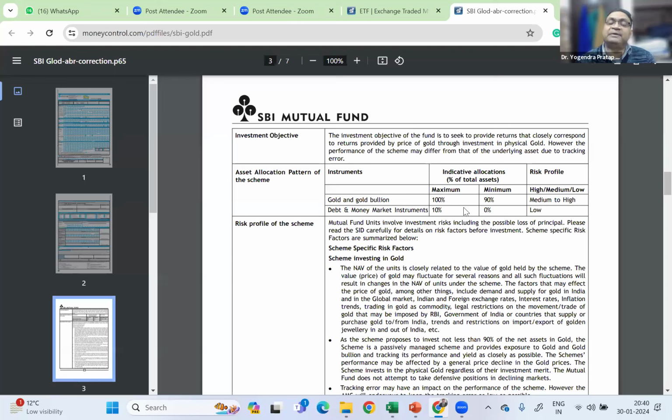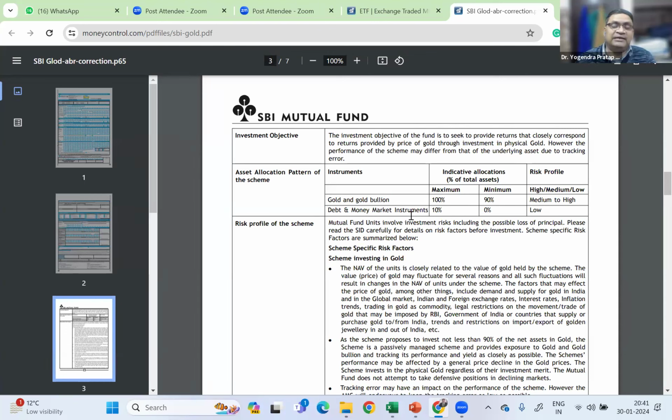And only 0 to 10% he can invest in debt and money market instruments, just for liquidity purposes. He is taking the margin for liquidity because if someone makes a claim for redemption, he can make the payment also. Otherwise, here see the allocation. The fund manager is not investing in the shares of any company.